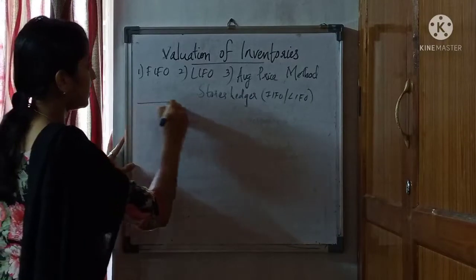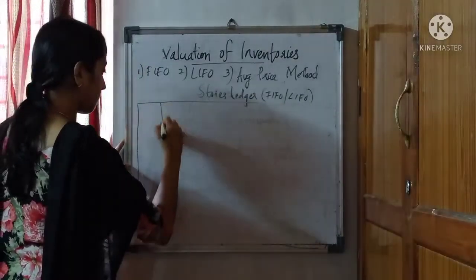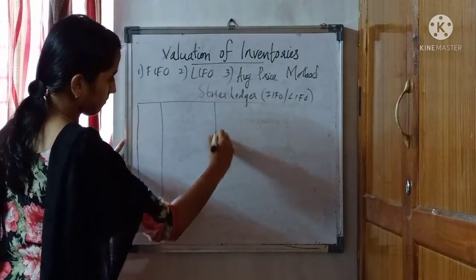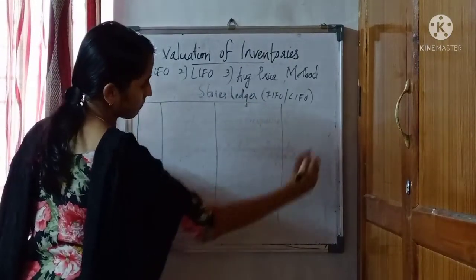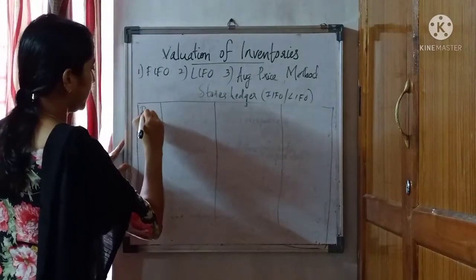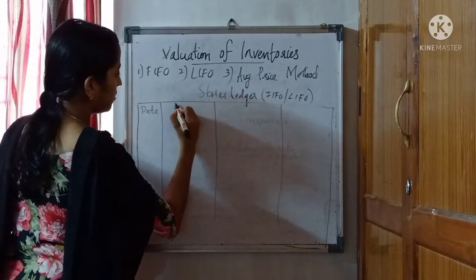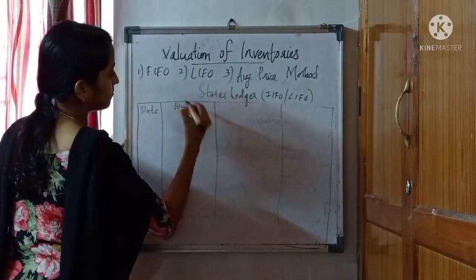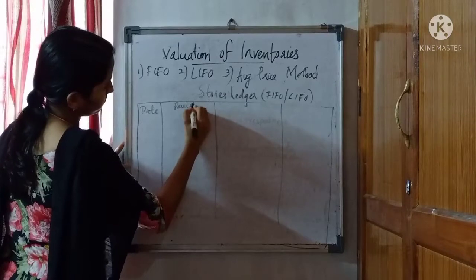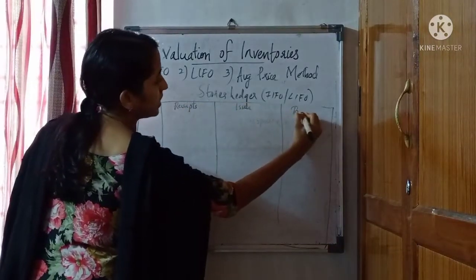If it is FIFO or LIFO, we have to mention FIFO or LIFO. Then we have to draw like this. Date column. Here we do the receipts, issue and balance.